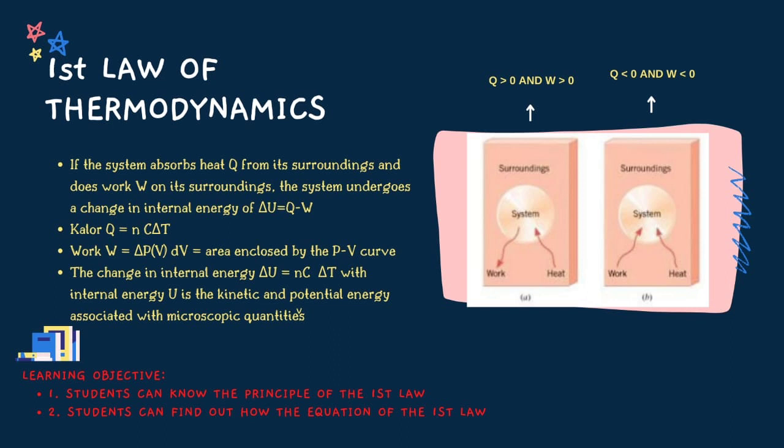Change in internal energy delta U equals n times C times delta T, with internal energy U being the kinetic and potential energy associated with microscopic quantities.